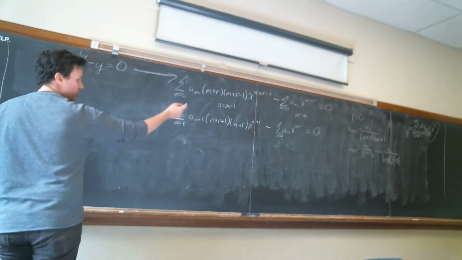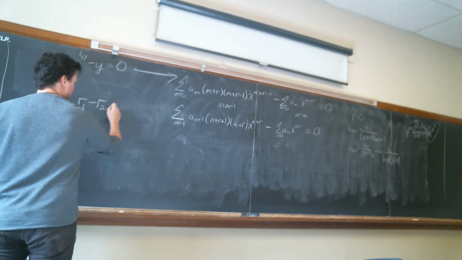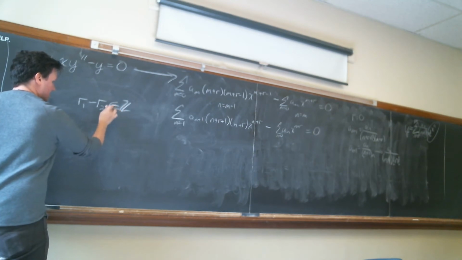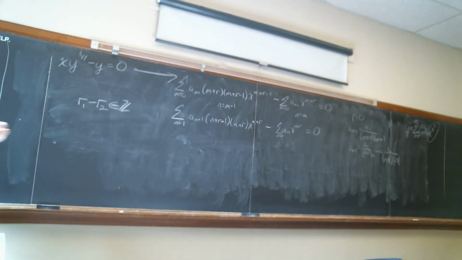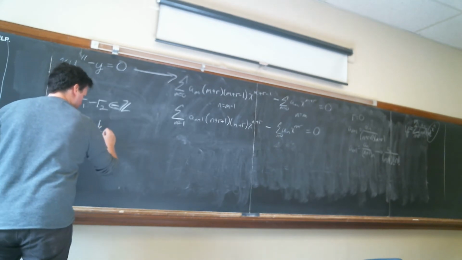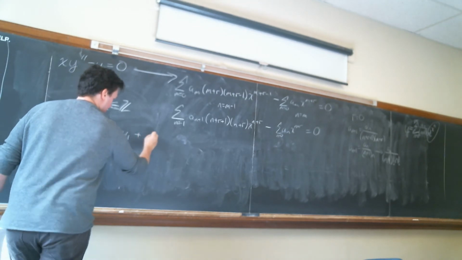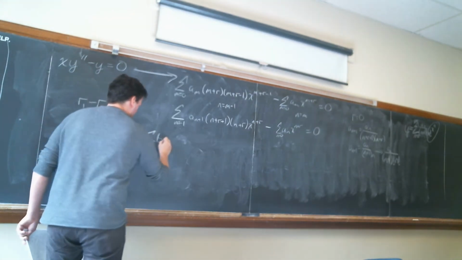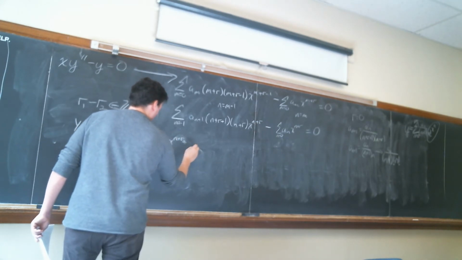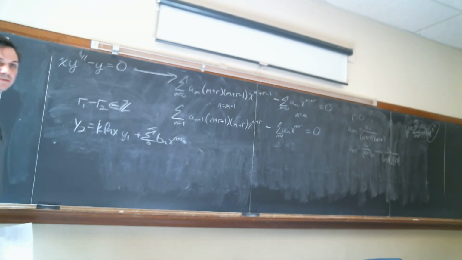The second solution to this, because root 1 minus root 2 is equal to some integer, or is in the integers rather, means that the second solution y2 is going to equal k ln of x times y1 plus the summation of, call it bn x to the n plus whatever your other root is, from 0 to infinity.